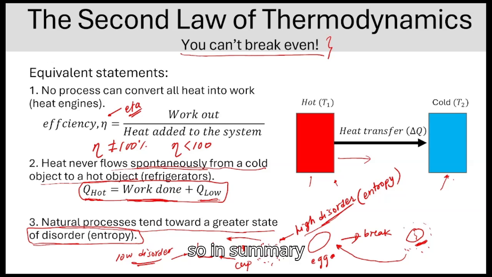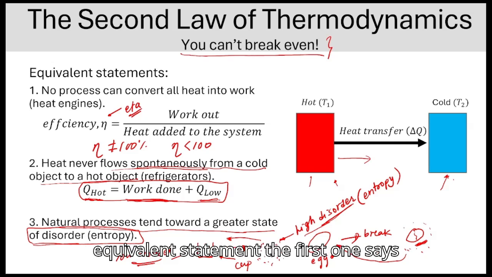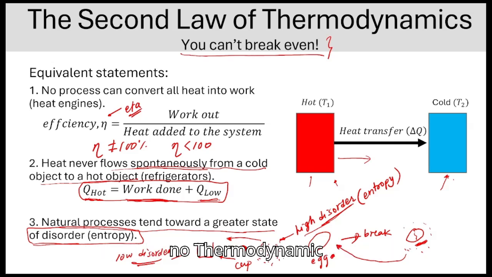So in summary, the second law of thermodynamics has three equivalent statements. The first one says no thermodynamic system will have an efficiency of 100%, there will always be some energy loss into the surroundings.